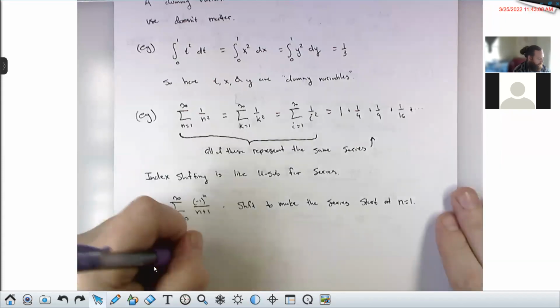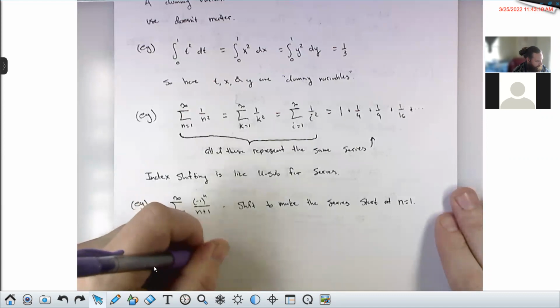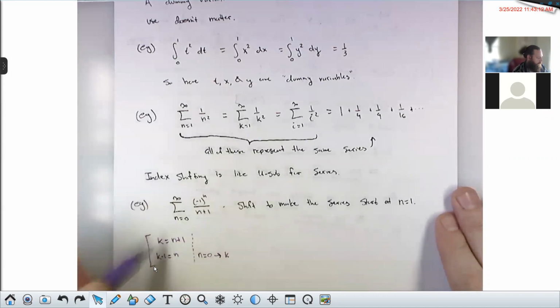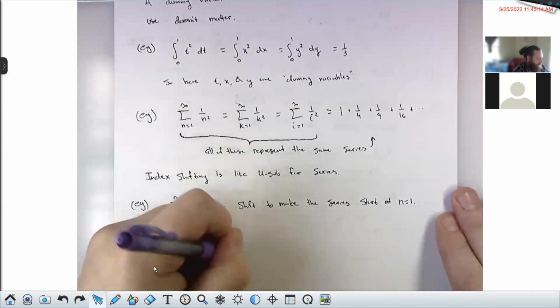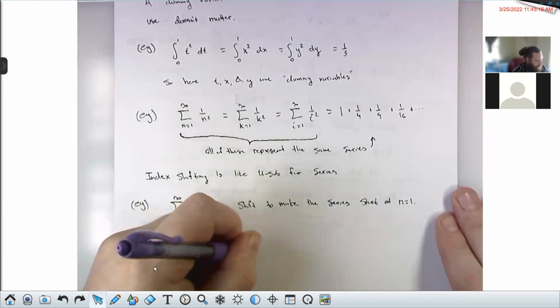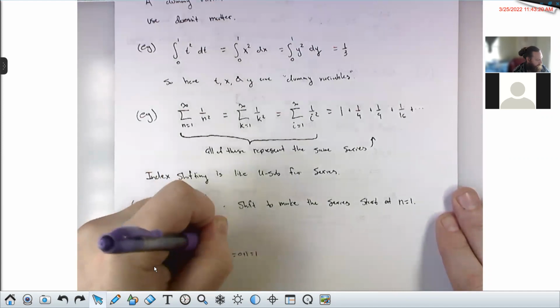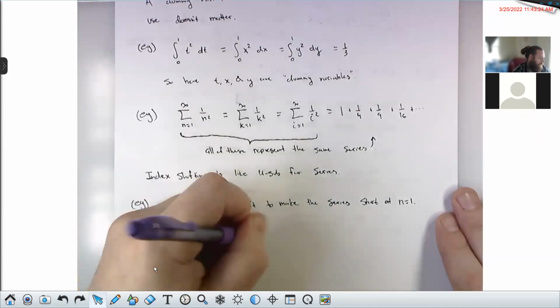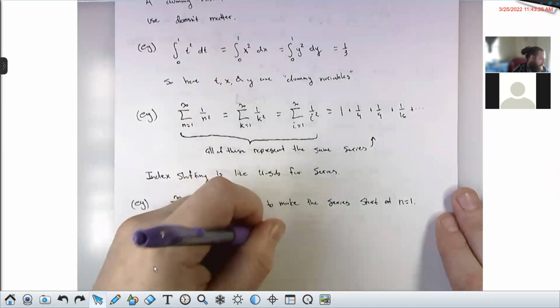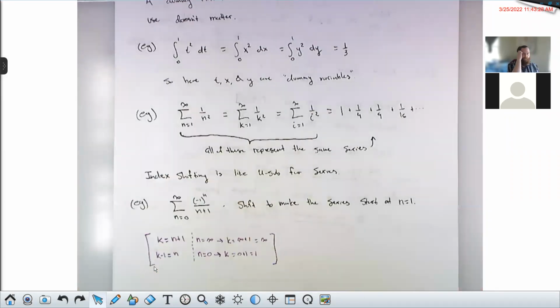And we change our bounds. When n is equal to 0, k would be equal to 0 plus 1, which is 1. And when n is equal to infinity, k would be equal to infinity plus 1, which we all learned in kindergarten is the same as infinity.